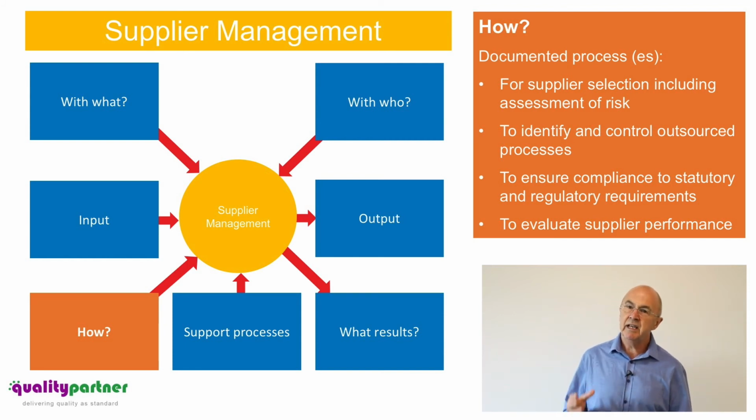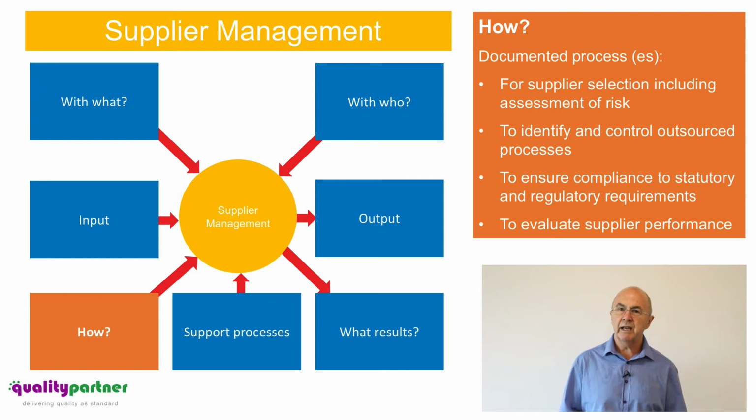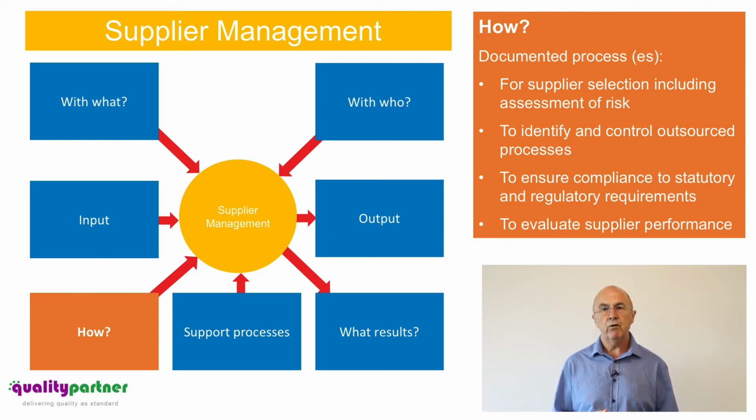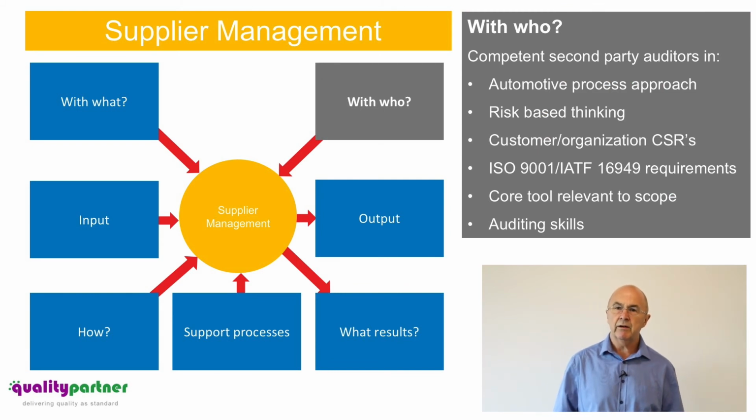We need to continue to ensure that we meet compliance to any statutory or regulatory requirements related to any purchased product. And finally, we have to have a documented process for how we're going to evaluate and monitor supplier performance. These don't all need to be separate documented processes, but somewhere within our quality management system, these have to be documented. So now let's take a look at the with who part of the turtle diagram.